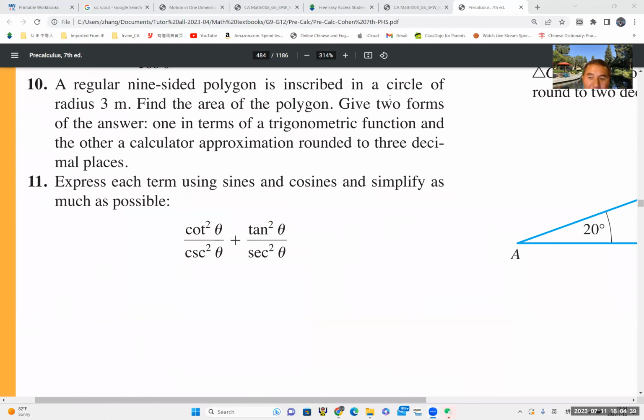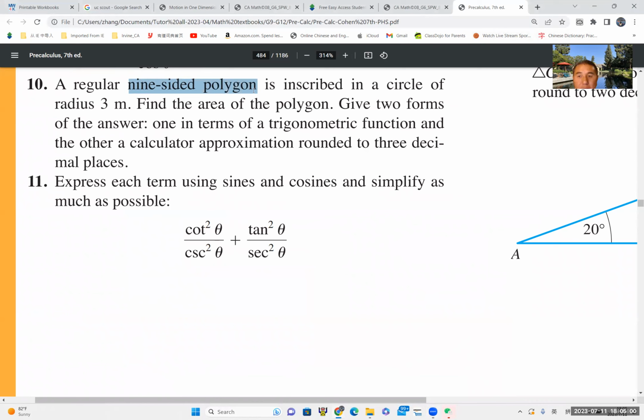So the only condition here is the 3 meter, right? Inscribed in a circle of radius 3 meter. We want to find the area of the nine-sided polygon.